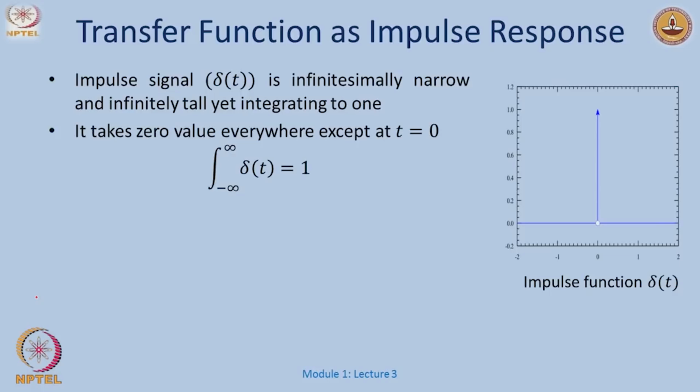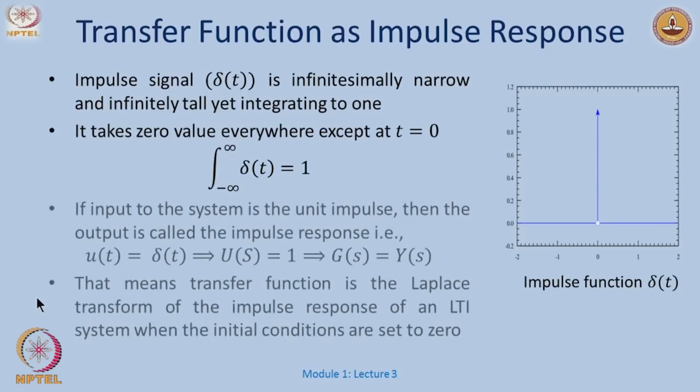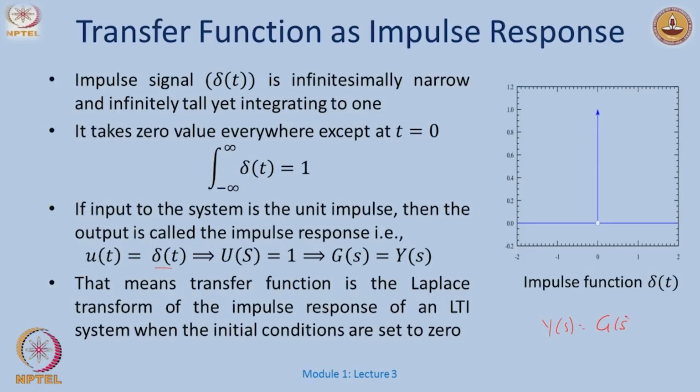A simpler way of looking at the transfer function is to look at the impulse response of a system, which means the response of the system when the input is an impulse. Earlier we had Y(s) equal to G(s) times U(s), and if U(s) is an impulse, we know that the Laplace transform of an impulse is just 1.